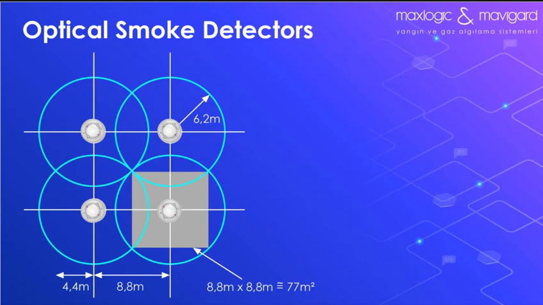The distance between the two smoke detectors is projected to be a maximum of 8.8 meter. In such a settlement, the detection area of an optical smoke detector is approximately 77 meters square.